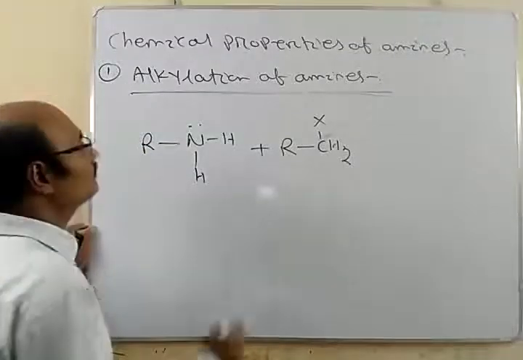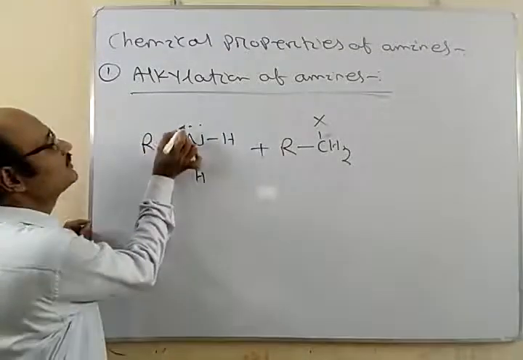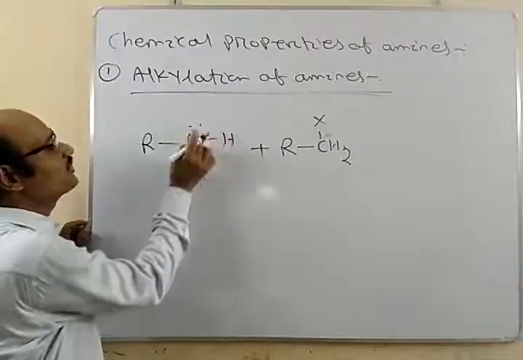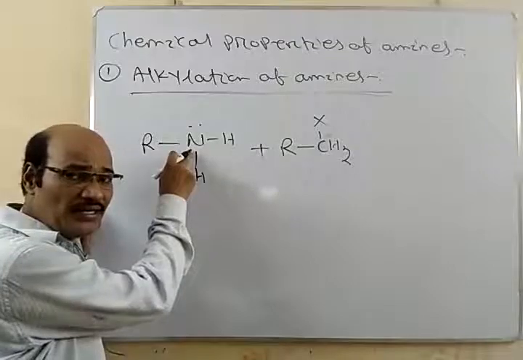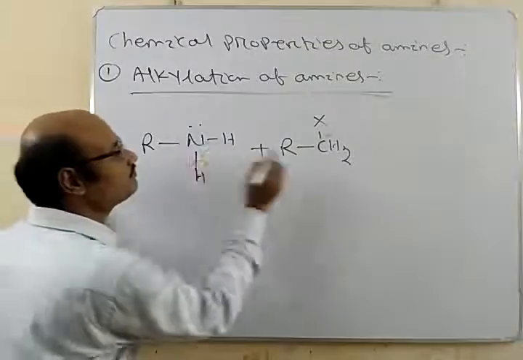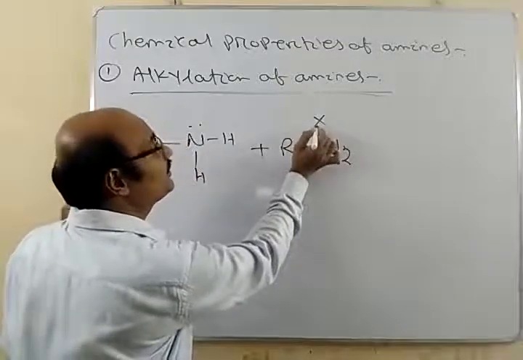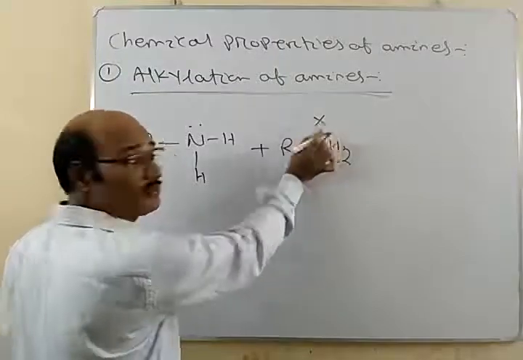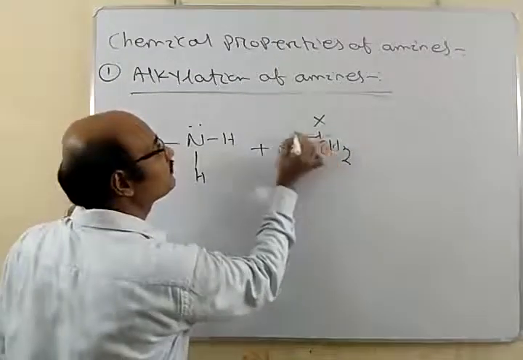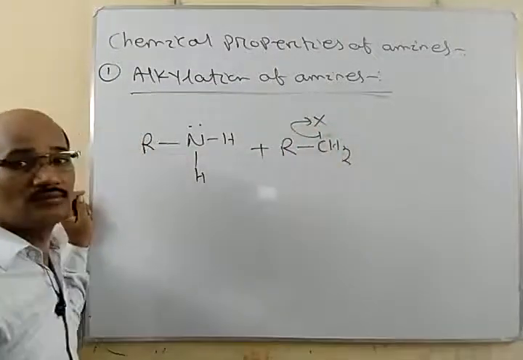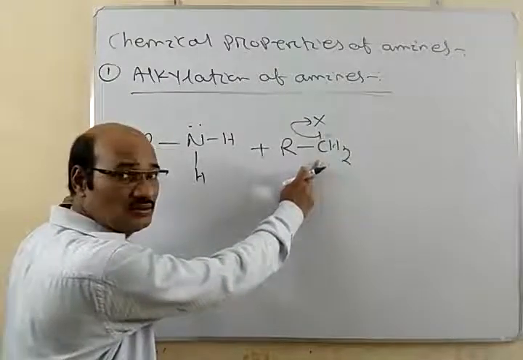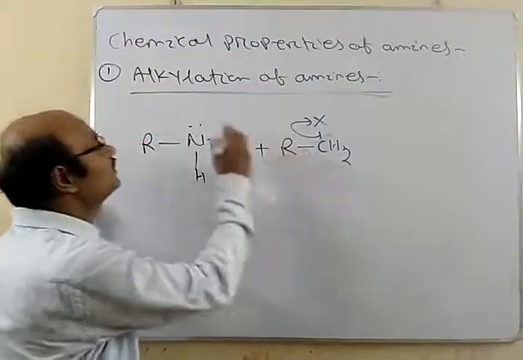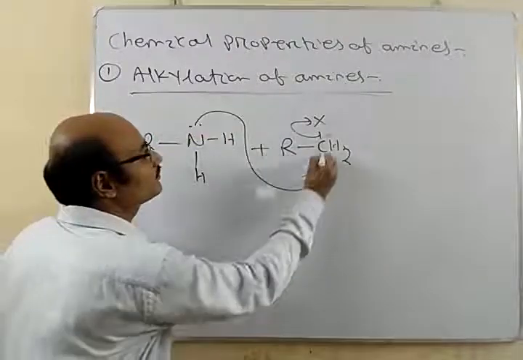Now what happened here? You see, this lone pair of electrons present on the nitrogen atom makes it electron rich. Now it can act as a nucleophile. Here we have the high electronegativity of this X atom. It takes the electron pair, creating an electron deficient center on carbon. Now when it becomes electron deficient, the nitrogen will attach to this carbon.